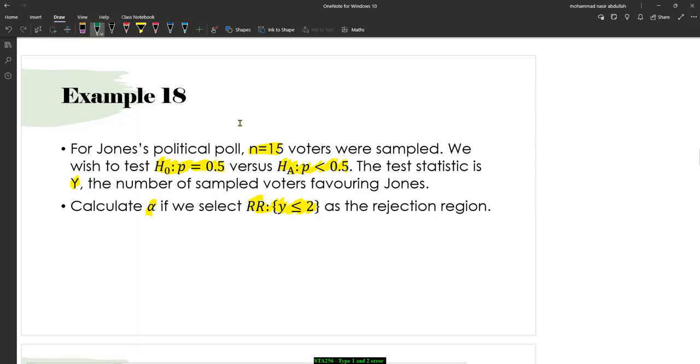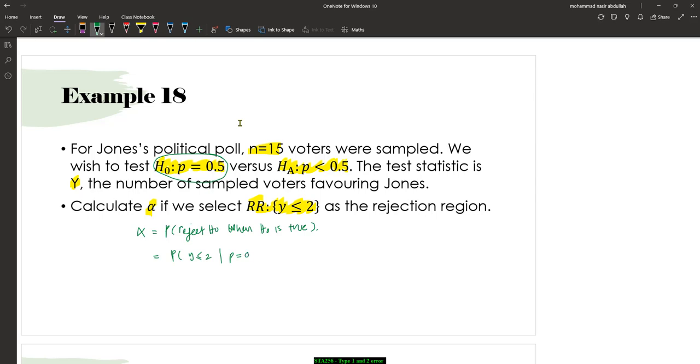Alright. So now our alpha should be equal to probability of reject null hypothesis when null hypothesis is true. Right? Always remember this one. And this one should be probability of rejecting null hypothesis, y less than or equal to 2, given that the probability of success is 0.5, where null hypothesis is true.